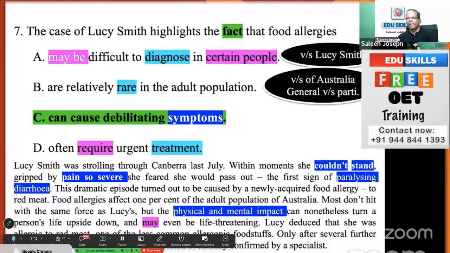Now we see the first one is speaking about certain people, but the question is asking about the case of Lucy Smith, one individual. Option A is speaking about a group of people. Second, B is speaking about general, whereas the text is speaking about a particular country. First one is group versus singular, second one is singular versus group. These tricks keep on changing, exchanging.